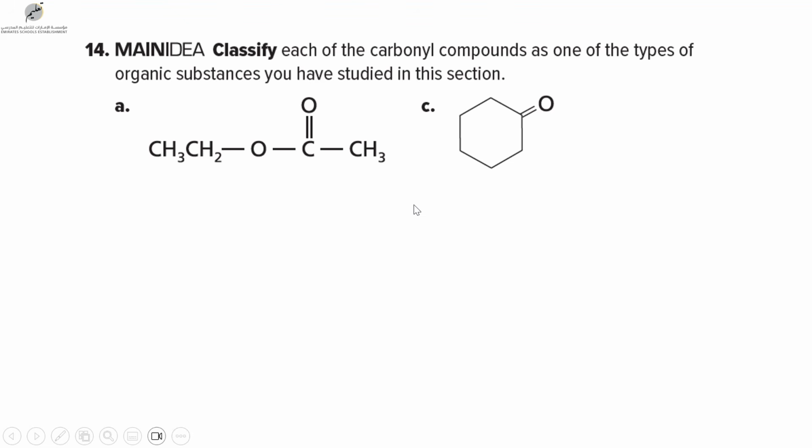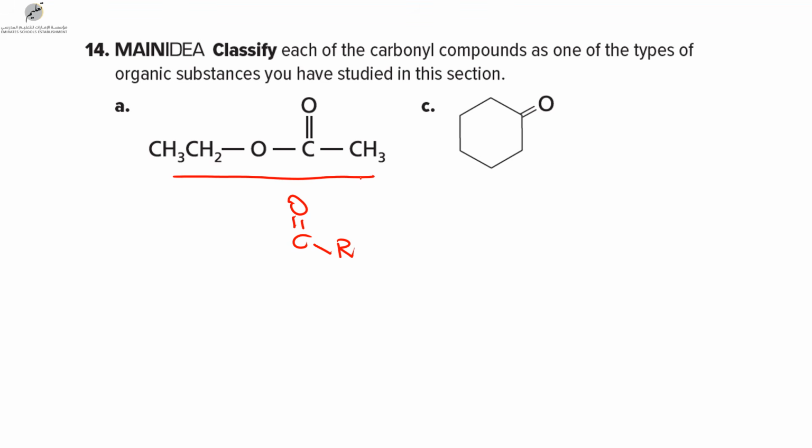Now let's go to a little bit of practice. Classify each carbonyl compound as one of the types of organic substances that we have studied. We studied five organic carbonyl compounds: aldehydes, ketones, carboxylic acids, esters, and amides. So have a look here. What's this? Just write the general formula.